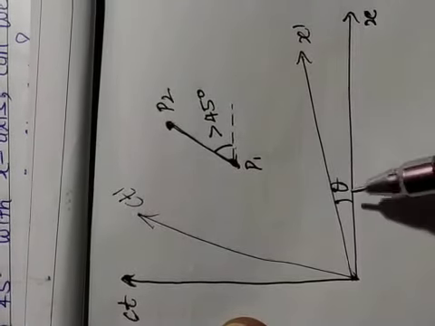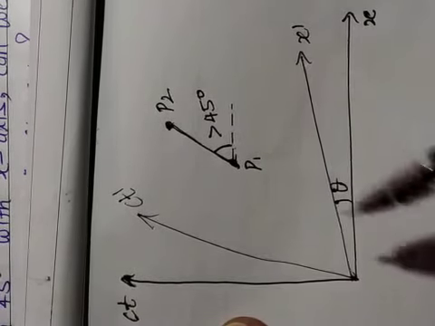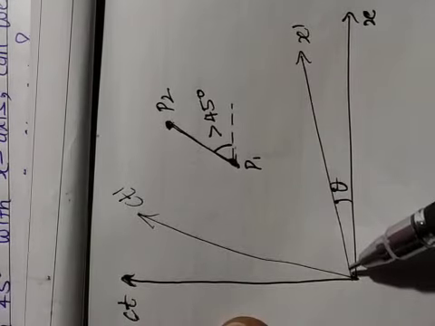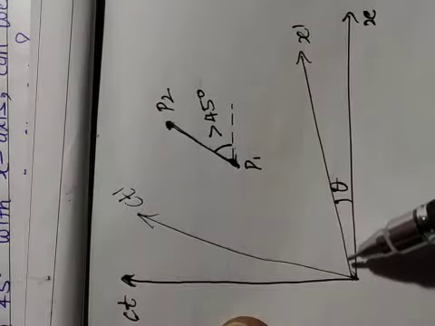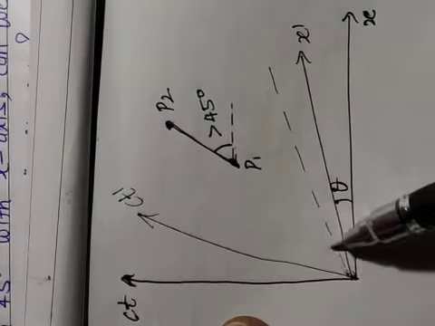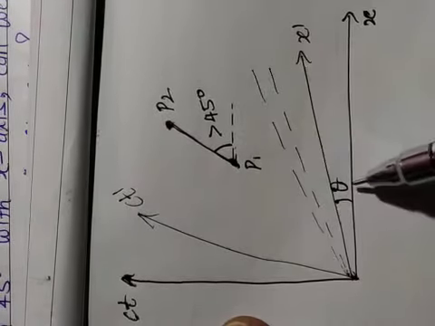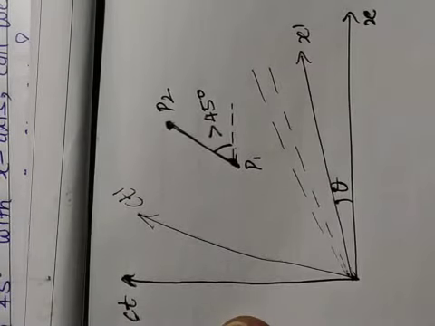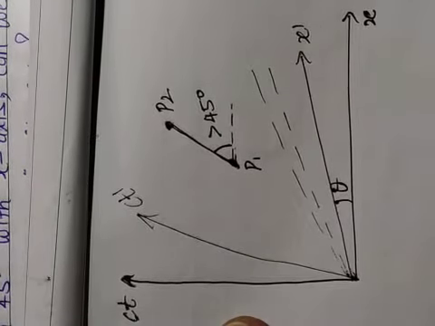So if I increase this angle theta, I find some new x prime lines, say here and here, and the condition is that this theta does not equal or exceed pi by 4.